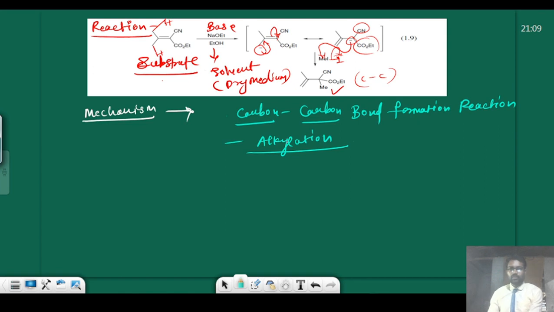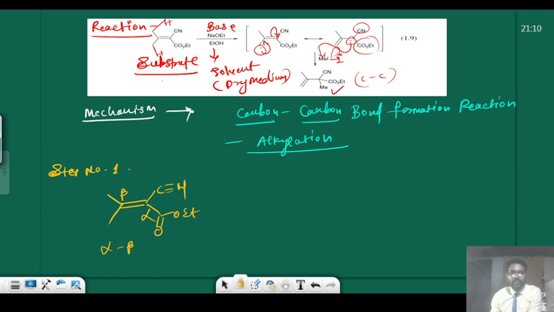So step number 1, we will discuss step number 1. This is an alpha beta unsaturated compound, C triple bond N, and this is C double bond OEt. So this is the alpha carbon, this is the beta carbon, an alpha beta unsaturated compound.